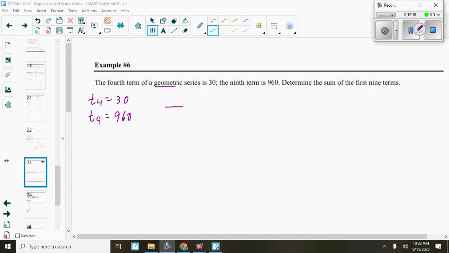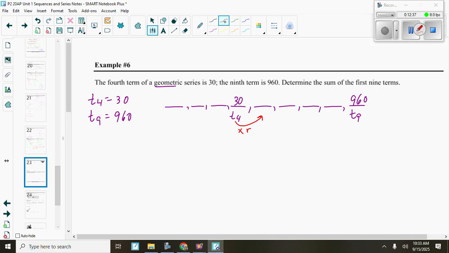So you could do, this is your, and we know T4 is 30. We know T9 is 960, and we know that it's geometric. So as we go from one to the other, we're multiplying by R each time.